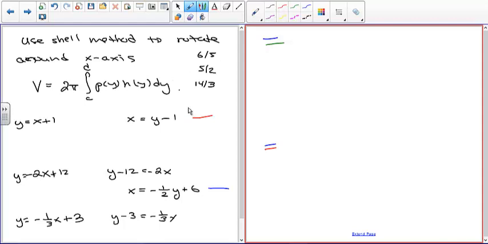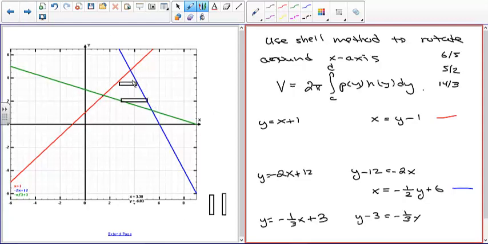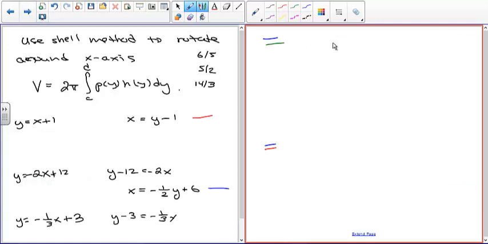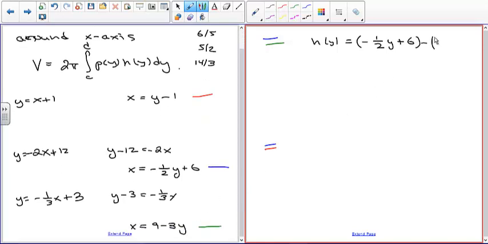So the blue curve, what do we say? That's always the bigger one, so that's going to come first. So we'll take this function. h of y for this particular case is going to be -1/2 y plus 6 minus the green curve, which is 9 minus 3y.